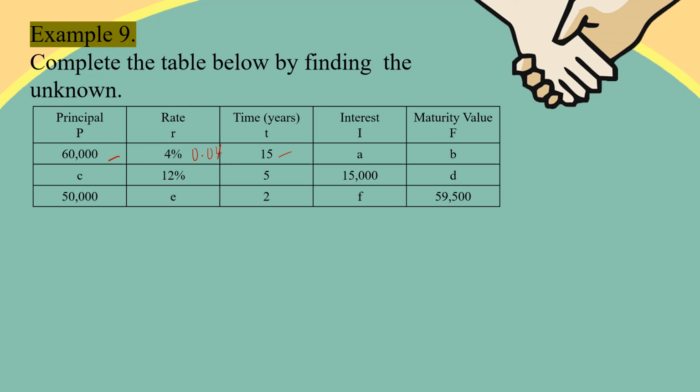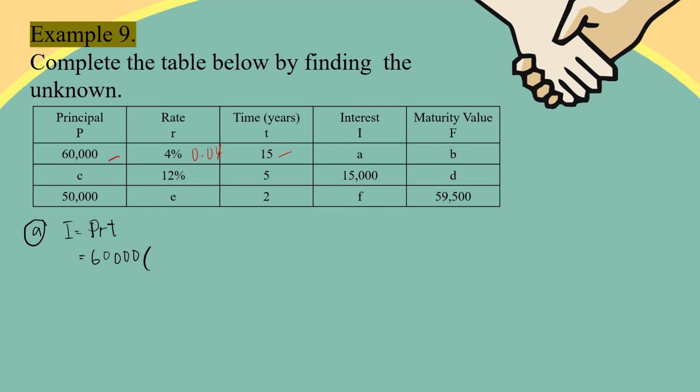Okay. So, pwede natin computein muna si interest since given si principal, rate, tsaka si time. So, yung A muna. To compute for the interest, kailangan lang natin si principal, rate, and time. So, ang principal natin is 60,000.